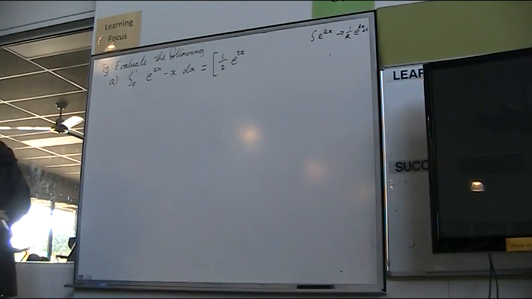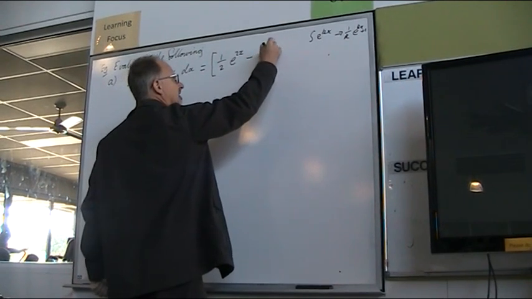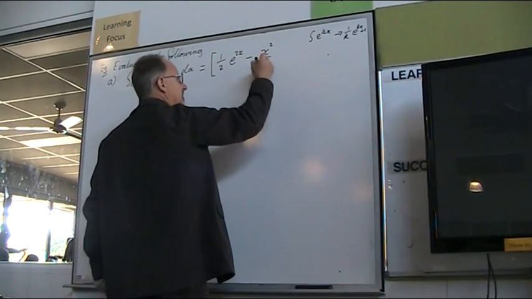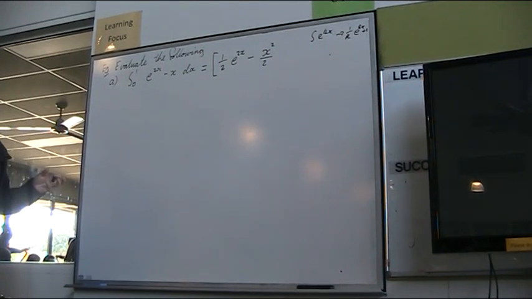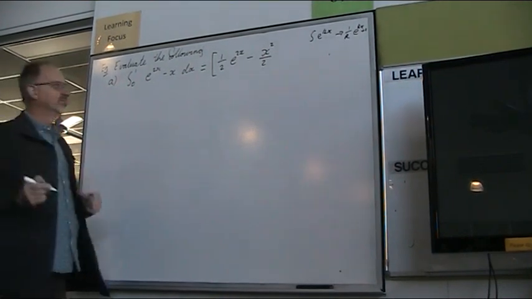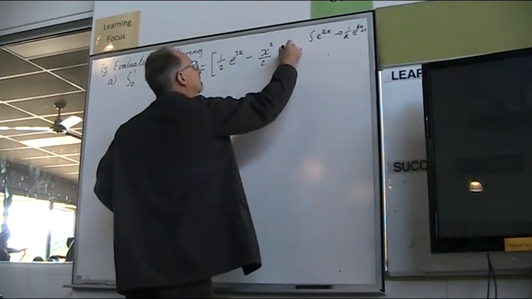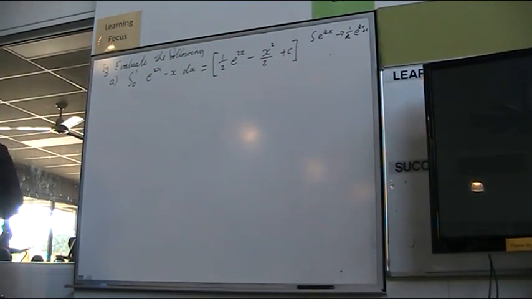Negative x, well that's a polynomial, and as we said before, we increase the power by 1 and divide by the new power. Now, of course, there'd be a constant involved with that, and if we've got two constants, I'll just put them together as one constant.